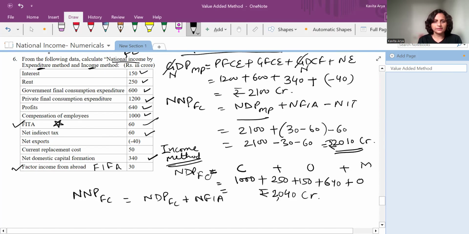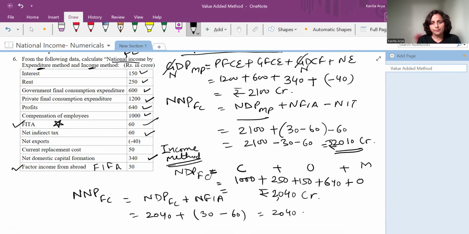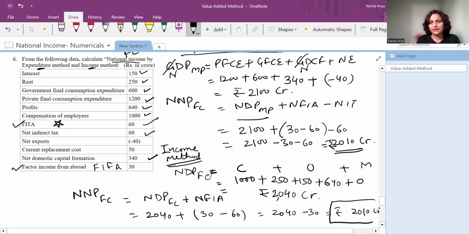Domestic add NFIA gets you national. So we have 2040 plus NFIA, and NFIA is FIFA minus theta. So this is 30 minus 60. Here it is 2040 minus 30, which is equal to rupees 2010. Is it matching? Yes, this figure is matching, and this gives the confirmation that our solution is right.